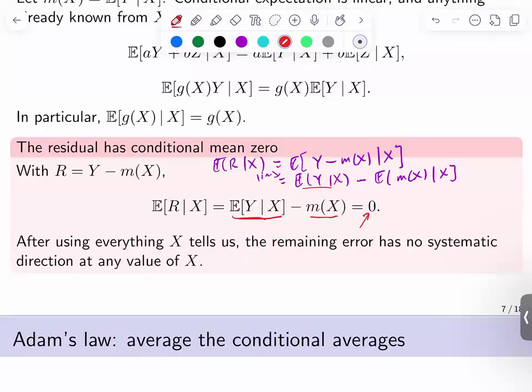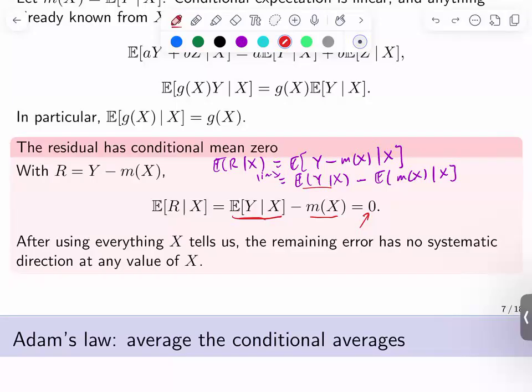And if you think of conditional expectation as prediction, this is saying if I want to predict the residual given x, the best prediction is 0. There's nothing left. So it's kind of consistent. If I could still predict it, I would add that prediction to m of x. This is basically the essence of the proof that we'll see later.